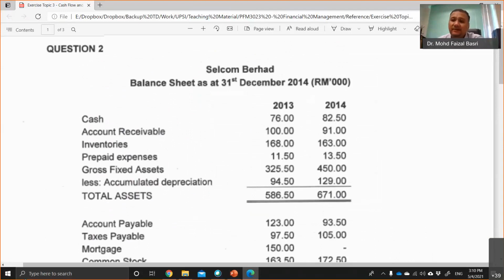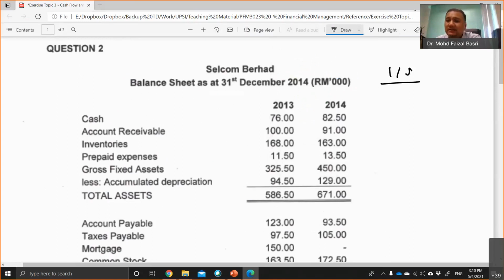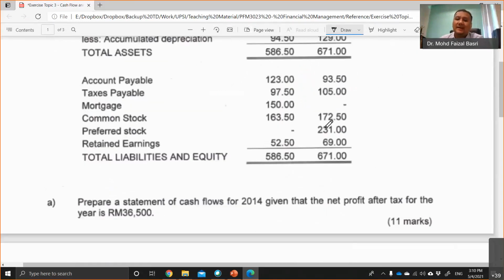But for income statement items, if you remember, we just need 3 things: net income, depreciation, and also dividends. These 3 items you need to find, even though the question might not give you the complete document.